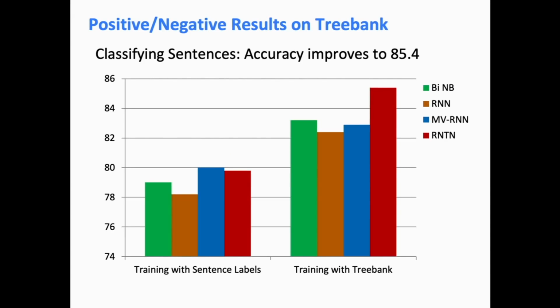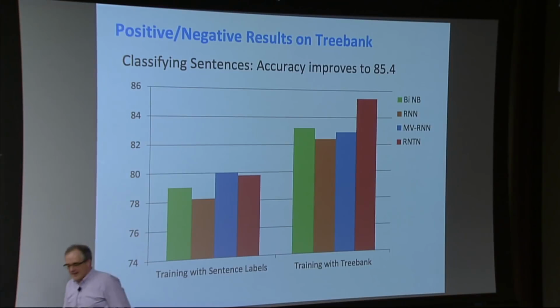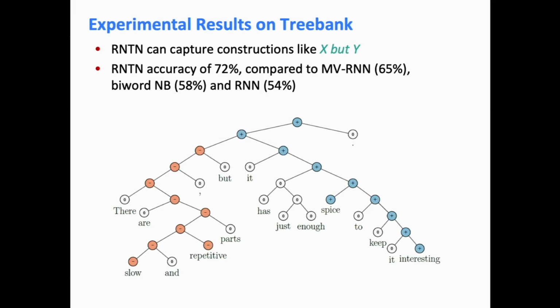I mean, in particular, it didn't really work any better with just the sentence labels, but if we trained the model with our Treebank, we could then get another couple of percent in performance. And so that seemed good. In particular, it seemed to do a much better job of actually understanding meaning composition.